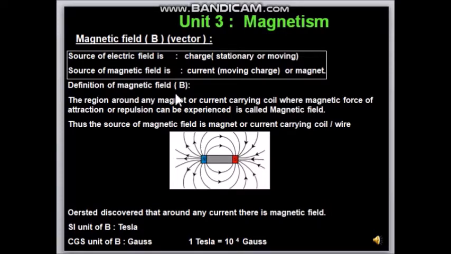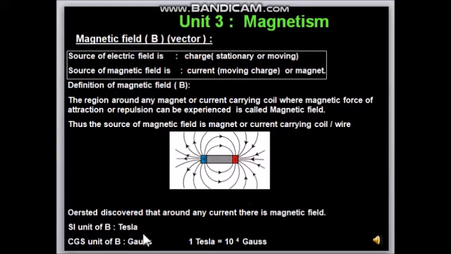It is the region around any magnet or current carrying coil. You have to take both the names. The region around any magnet or current carrying coil where magnetic force of attraction or repulsion can be experienced is called a magnetic field. Remember that the sources of magnetic fields are magnet or current. Two sources are there.